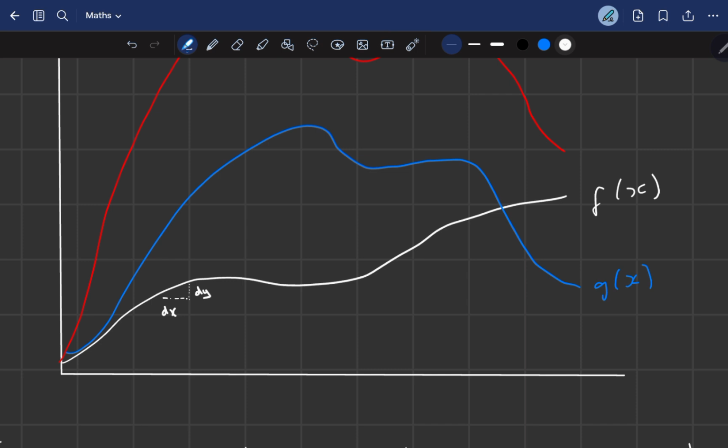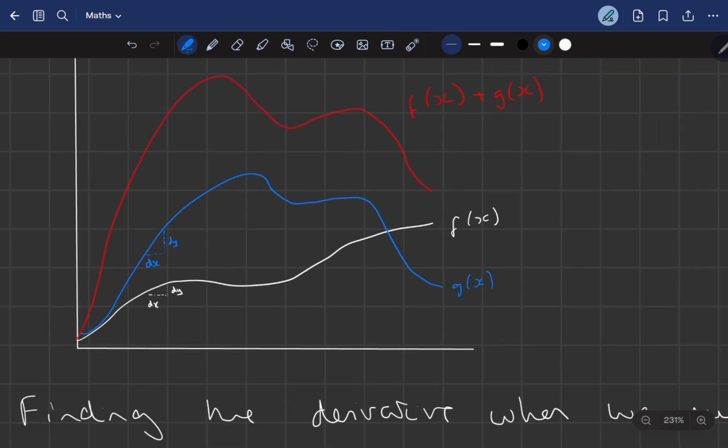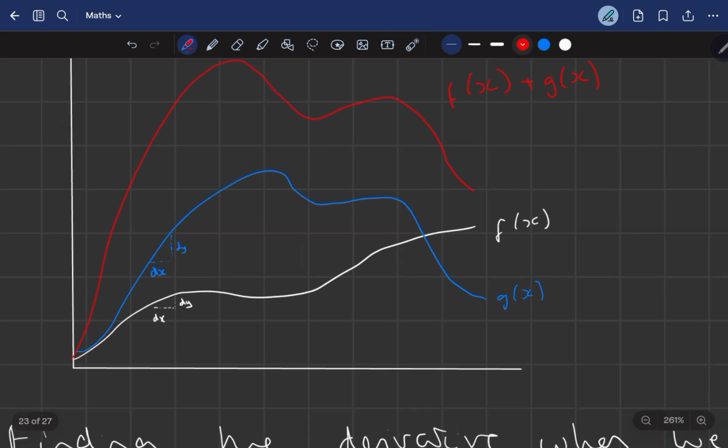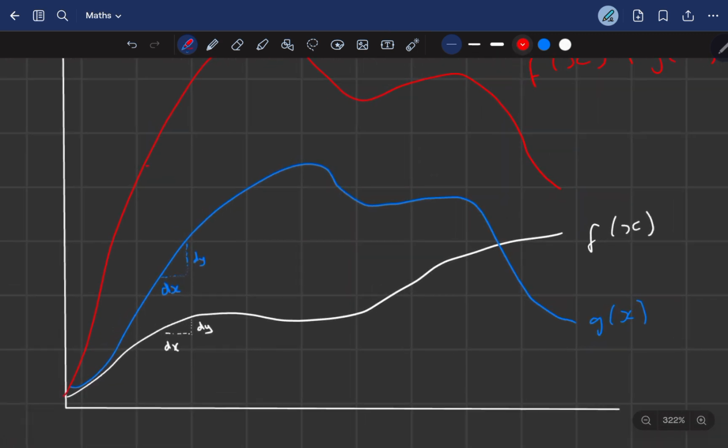Okay? Now at the exact same point, we take a slight nudge in x. And again, we have dy by dx. Okay? Now the red function is just the sum of the heights of the white function and the blue function. So what's actually happening here is, if I draw the same thing, we're about here. We have the same distance, dx.